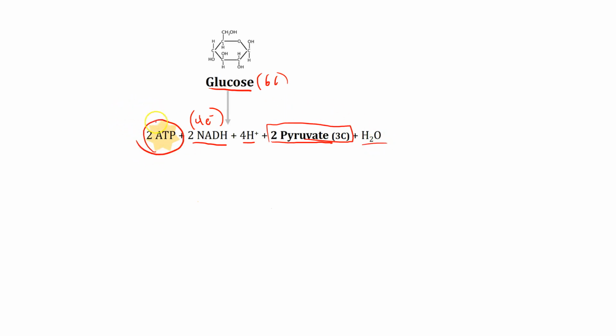Now, keep in mind the ATP that's made here is not made the same way as the ATP made inside the mitochondria. This whole process here, glucose getting converted to pyruvate, is called glycolysis, and this happens in the cytoplasm, not the mitochondria.